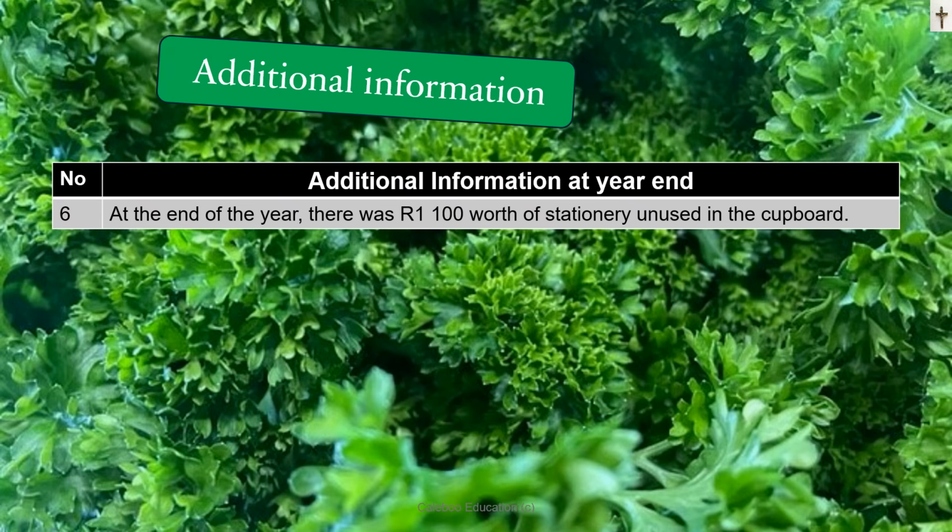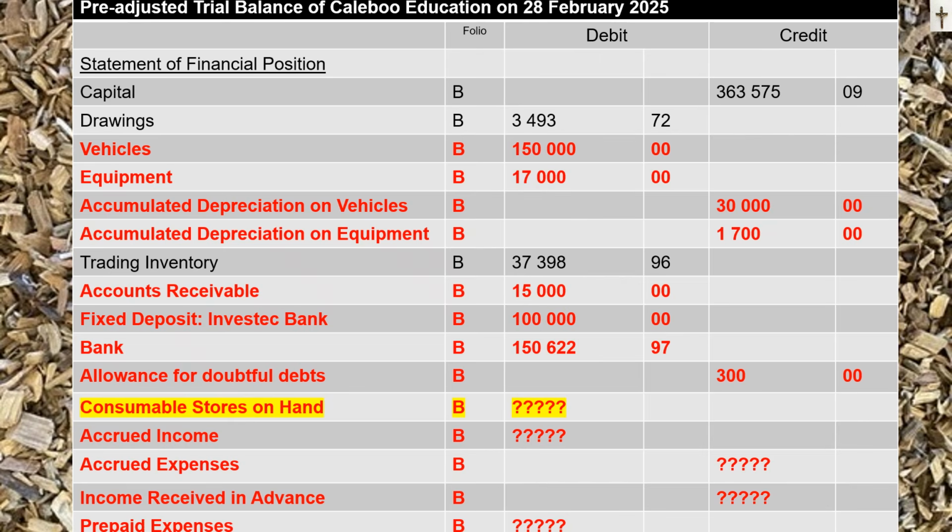Right, number 6. At the end of the year, there was stationery unused, consumable stores on hand. We need to show that as an asset and make the expense account smaller because that stationery wasn't used. So we have an account consumable stores on hand. I just put it onto the pre-adjusted trial balance because I know that it's going to be an adjustment.